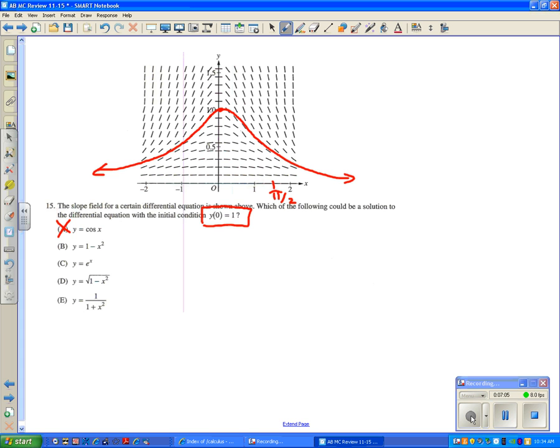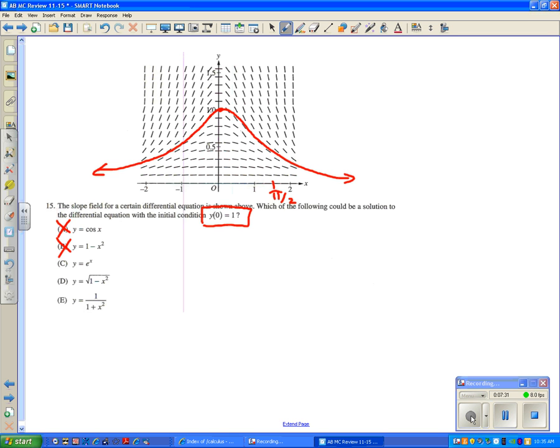It can't be A. B would suggest that as our x's got past 1, or on the other side of -1, we'd clearly have a negative answer, and we don't, so it can't be B. This doesn't look like an exponential curve. You know, it would be going up forever.